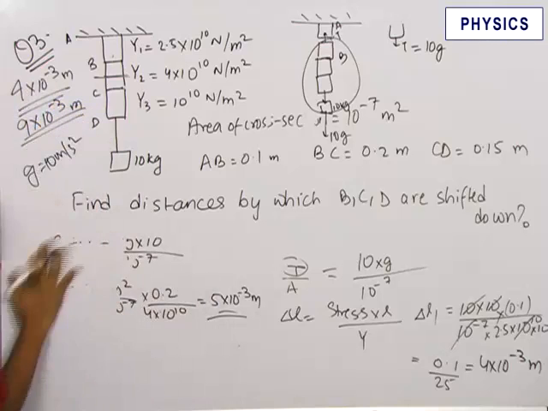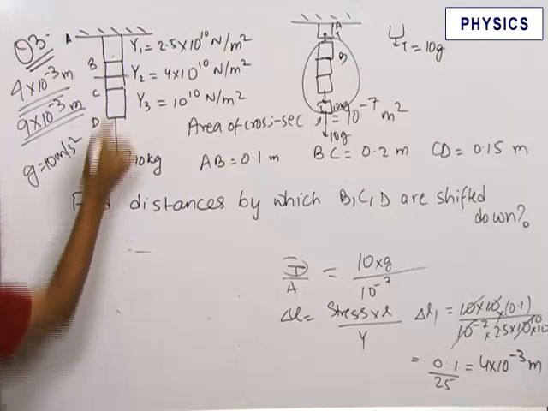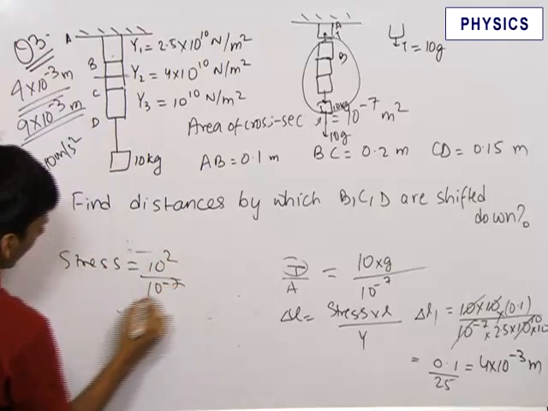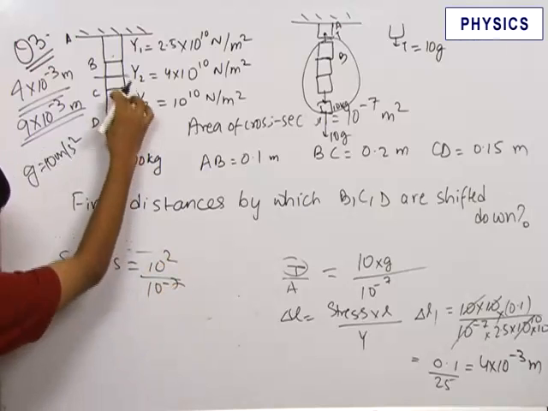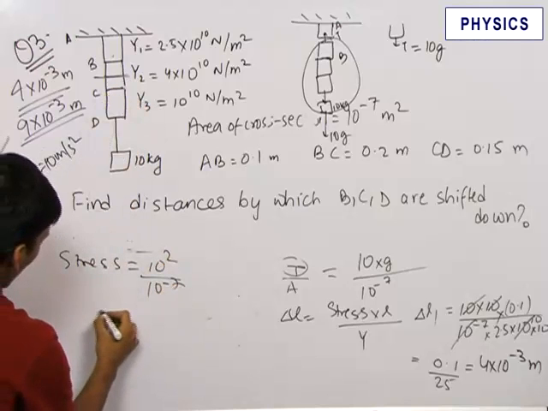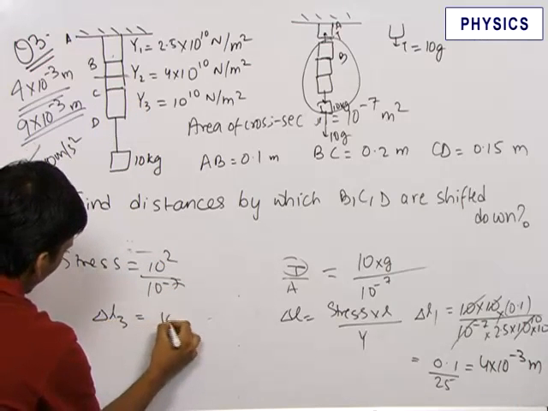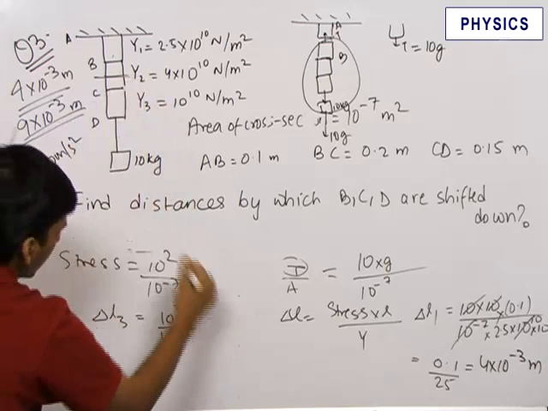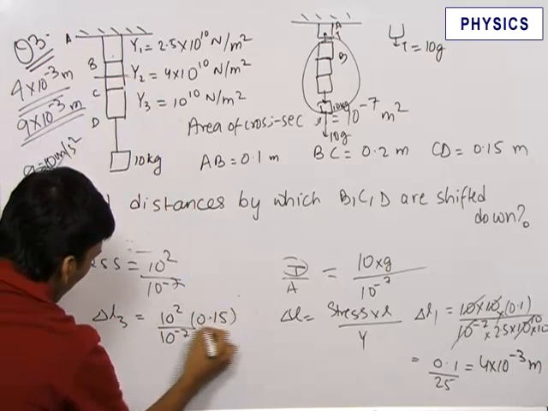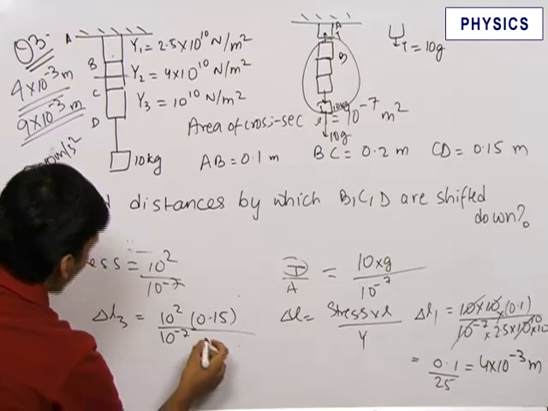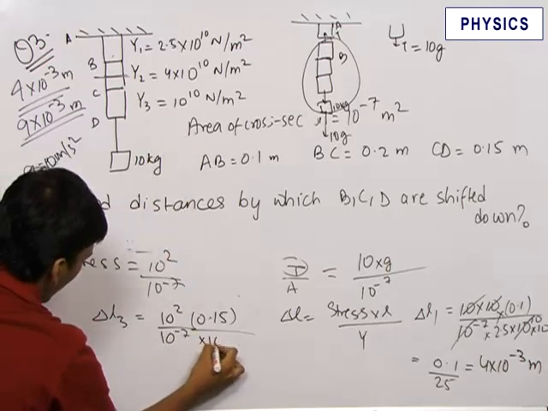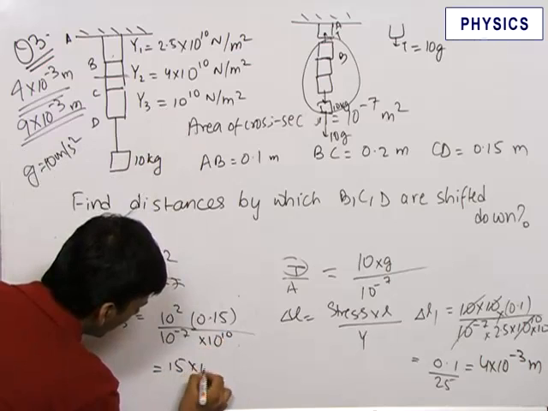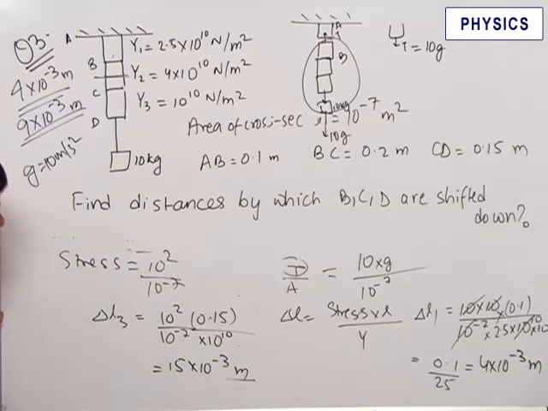Now again solving similarly, for the third block, we get stress to be equal to 10 raised to 2 upon 10 raised to minus 7, and we get the change in length of the block CD to be equal to 10 raised to 2 upon 10 raised to minus 7 into the original length of this block, that was equal to 0.15, upon the Young's modulus, that is equal to 10 raised to the power 10, which comes out to be 15 into 10 raised to minus 3 meters.